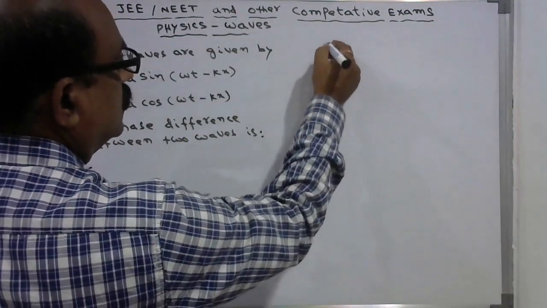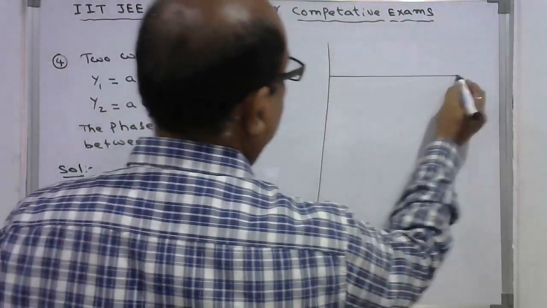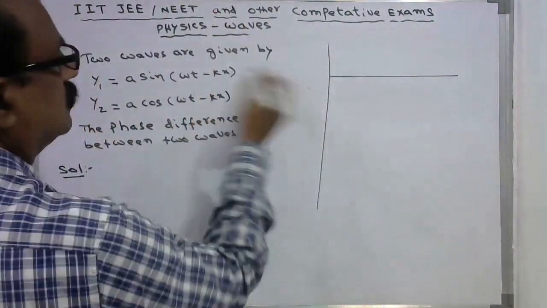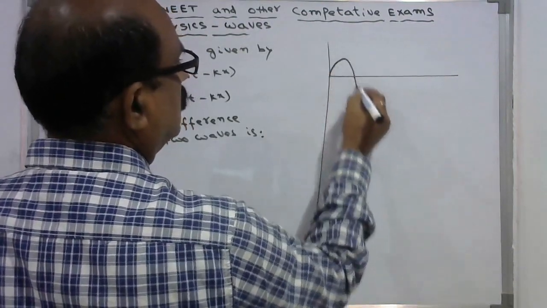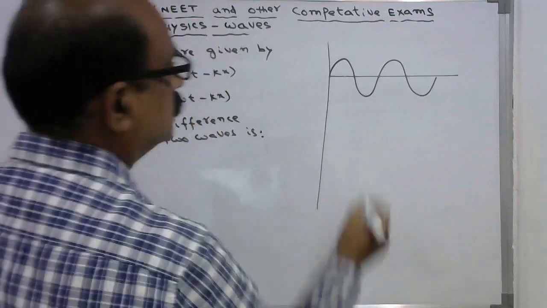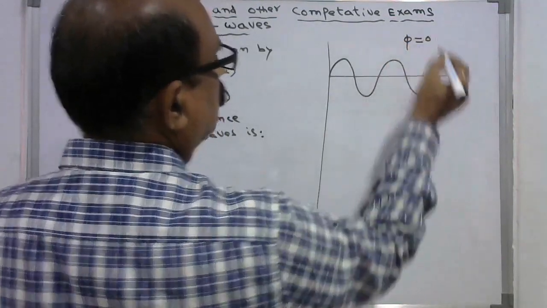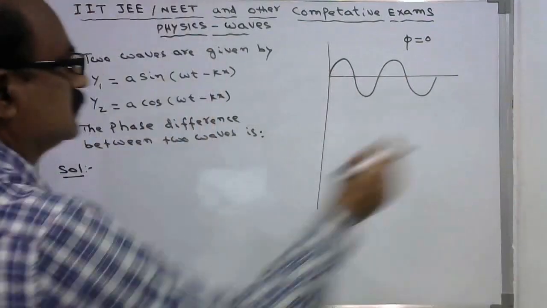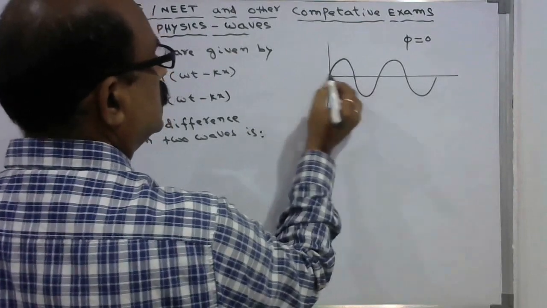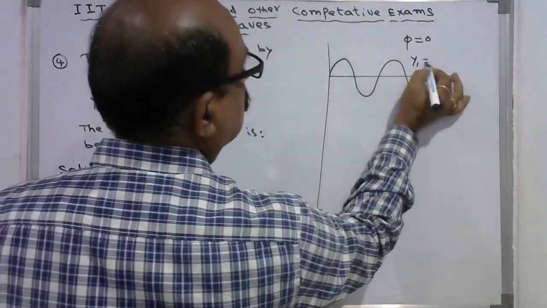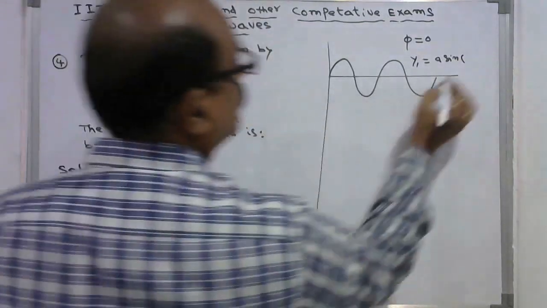So if you observe the graph, this is one wave, started from mean position 0, and it will be like this. So this represents, for this phi is 0 along the positive x-axis, and the displacement for this is a sin(omega t minus kx).